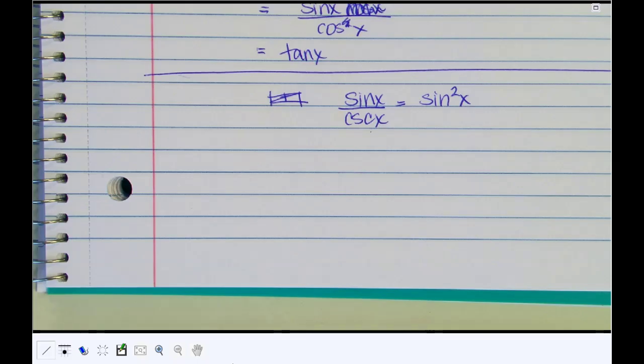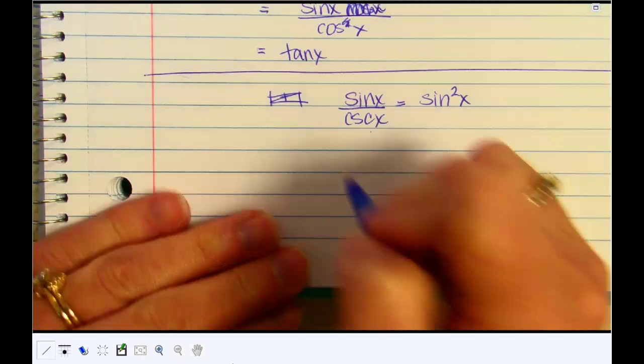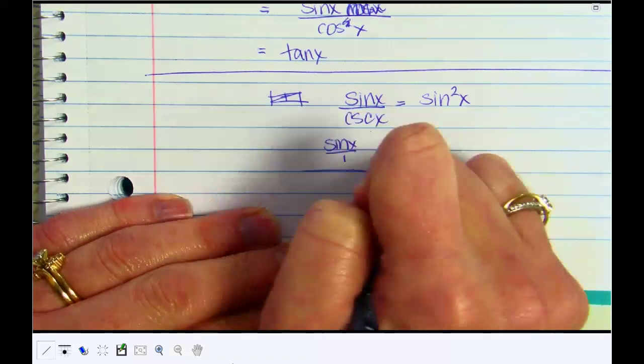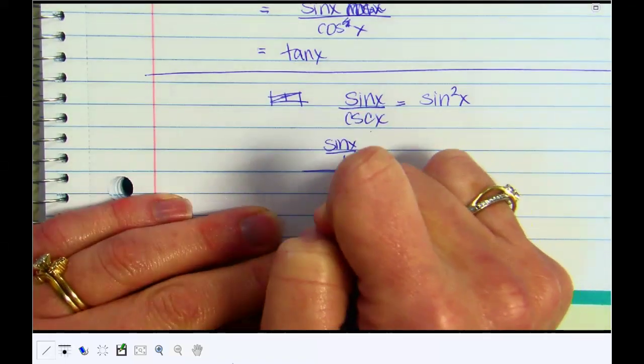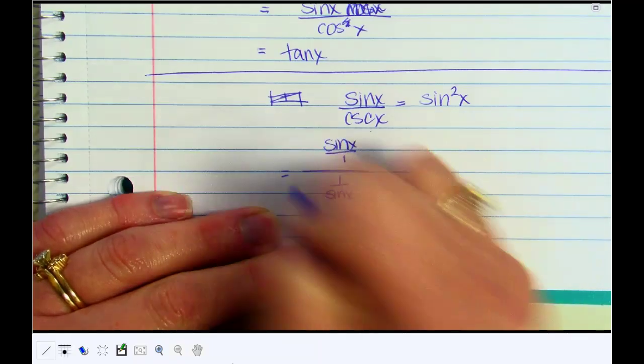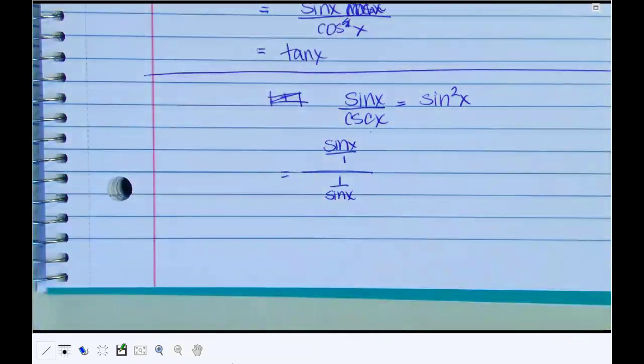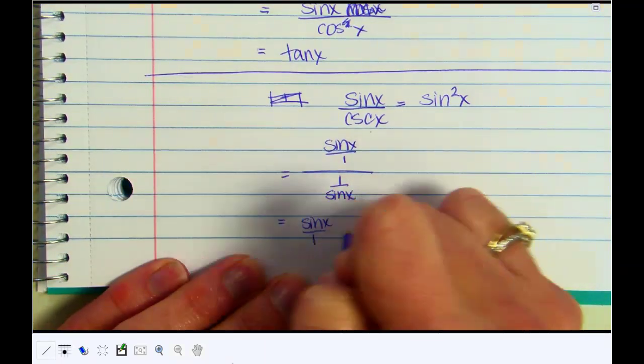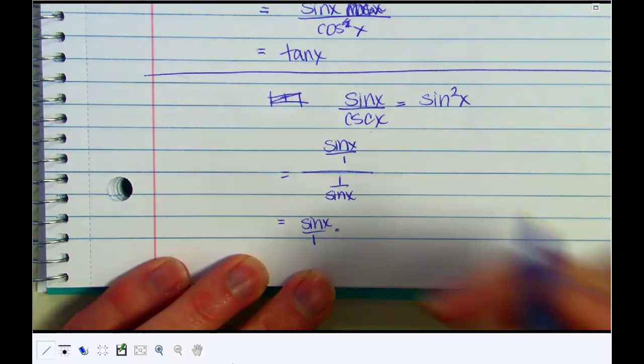You've got a sine, which is sine. But cosecant is what? 1 over sine. Keep, switch, flip. So if we keep it, the first one is sine x over 1, switch to multiplication and flip the second one.